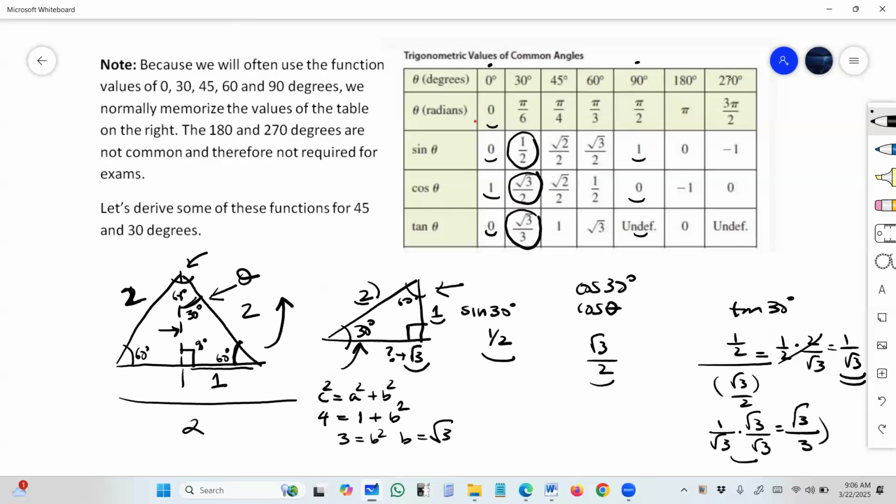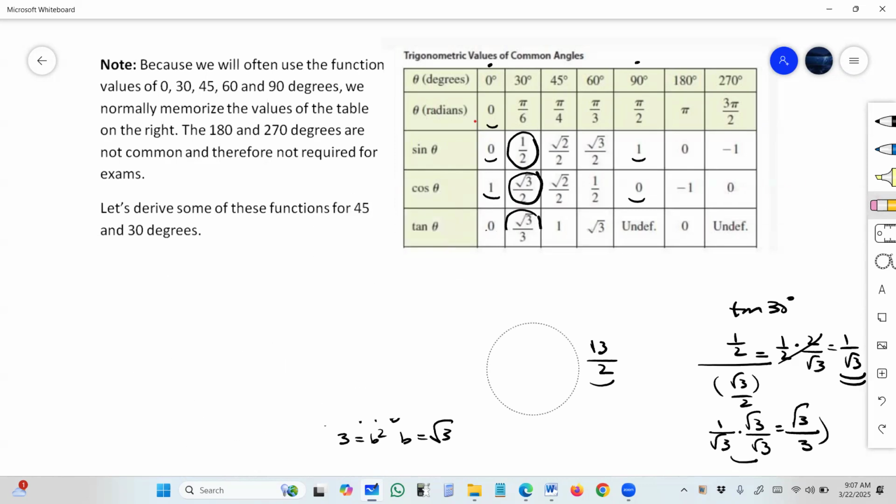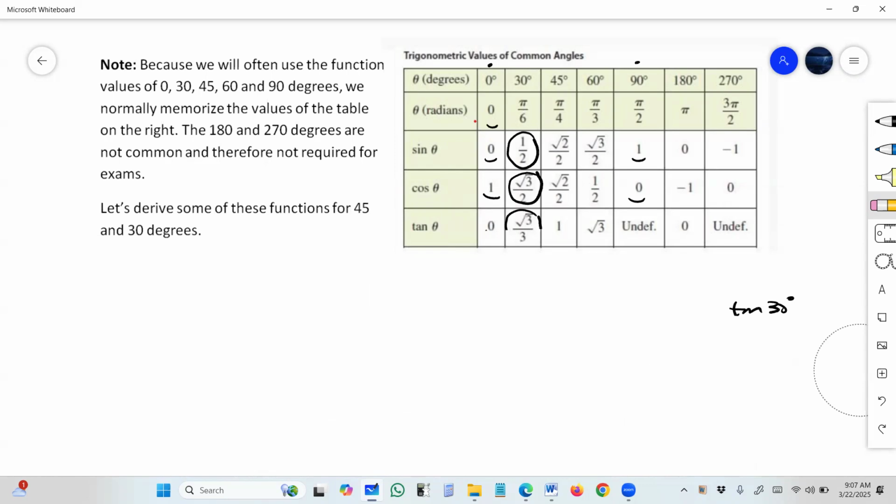Now, the same thing can be done if I say that this is my angle theta. As we said before, if that's the case, then the 1 here would be the adjacent side, and the radical 3 would be the opposite. And we can find the same values. Now, you don't have to do this derivation every time you need to find these values. The best way to do these problems is to memorize these values right here.